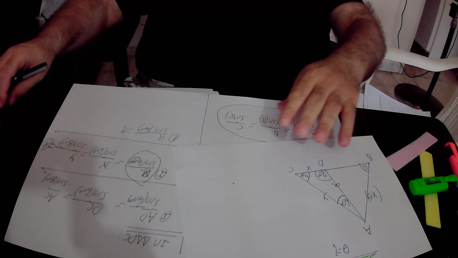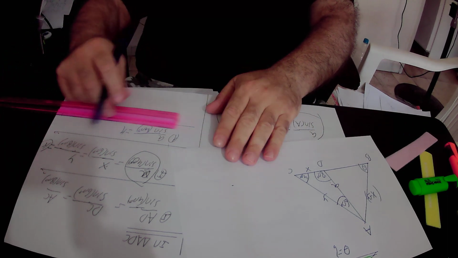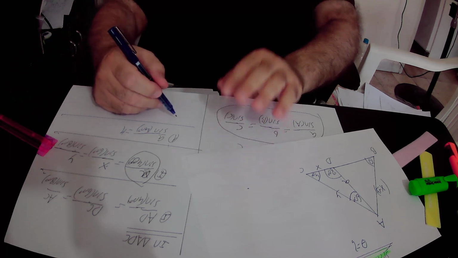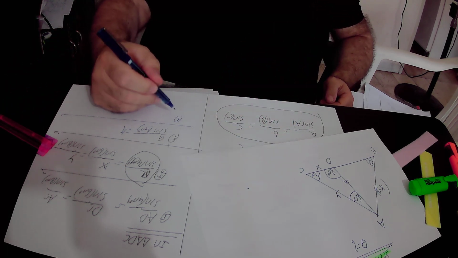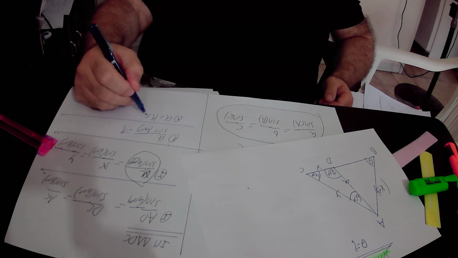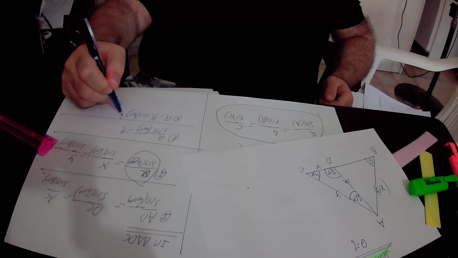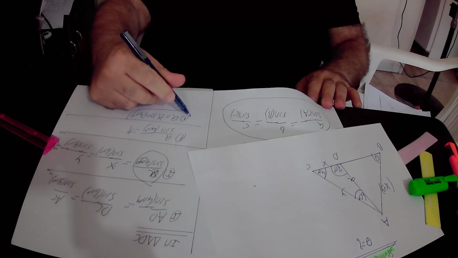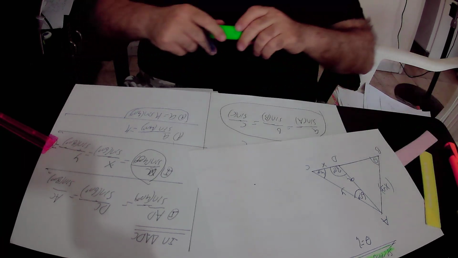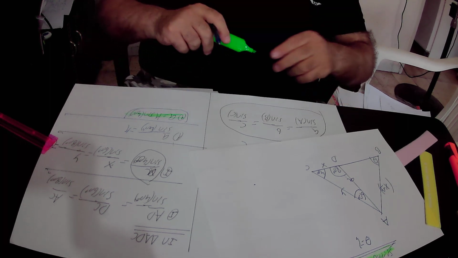Here we will multiply equation number 1 by sine 40 degrees and we will get that a equals k times sine 40 degrees. According to equation number 1, a equals k times sine 40 degrees.